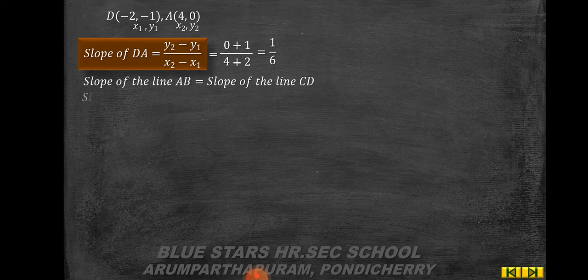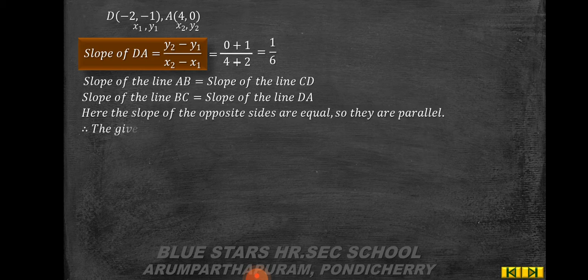So slope of the line AB is equal to slope of the line CD. Then slope of the line BC is equal to slope of the line DA. So here the slopes of the opposite sides are equal, so they are parallel. Therefore the given points are the vertices of a parallelogram.